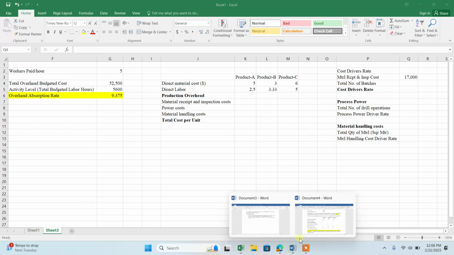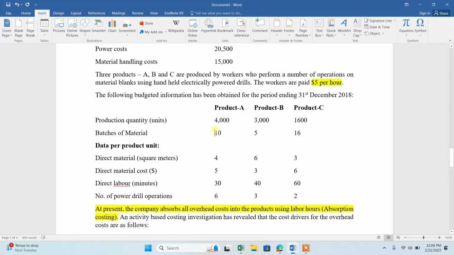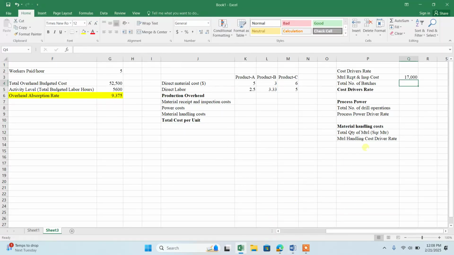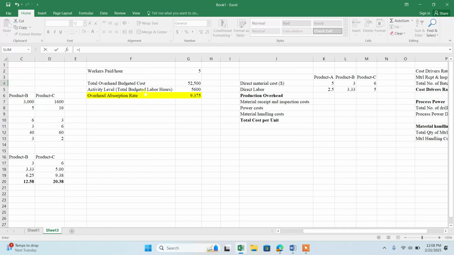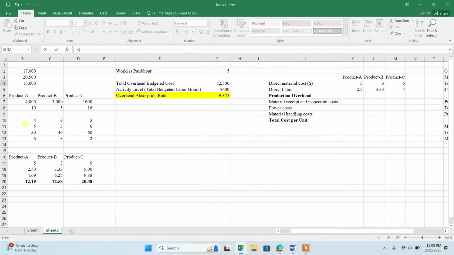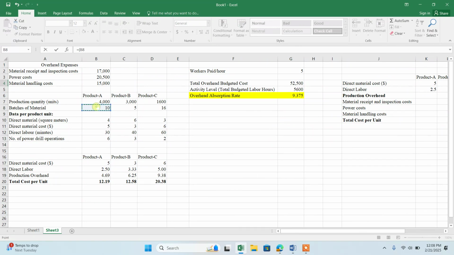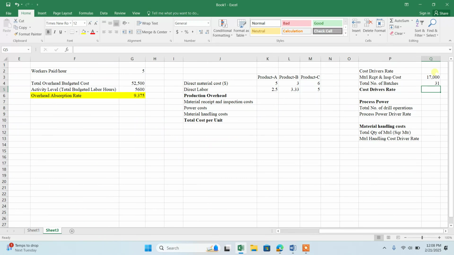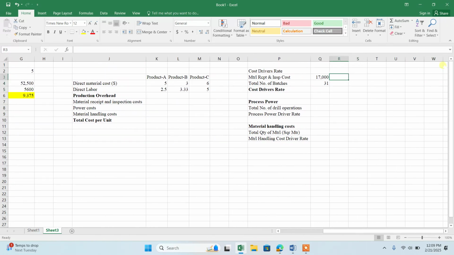So the total number of batches is 10 plus 5 plus 16, which is equal to 31 batches required to produce this many units, which cost me 17,000 in material.